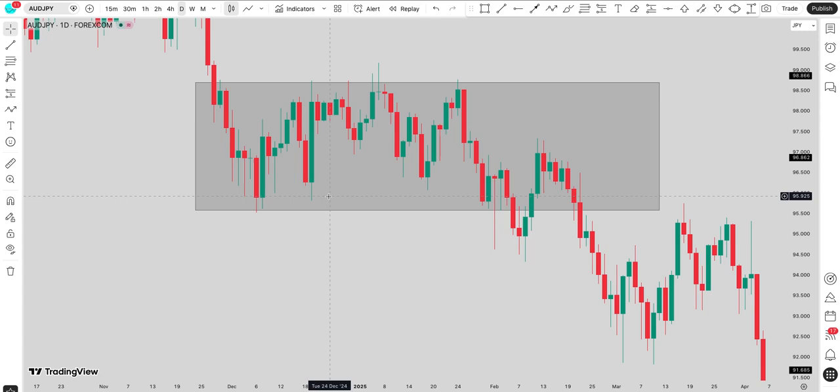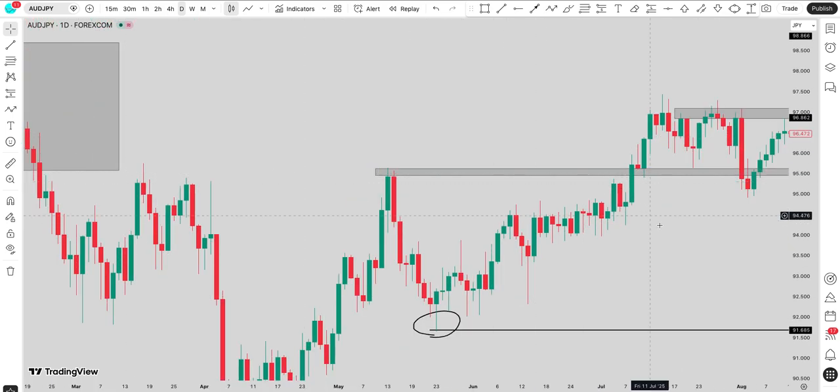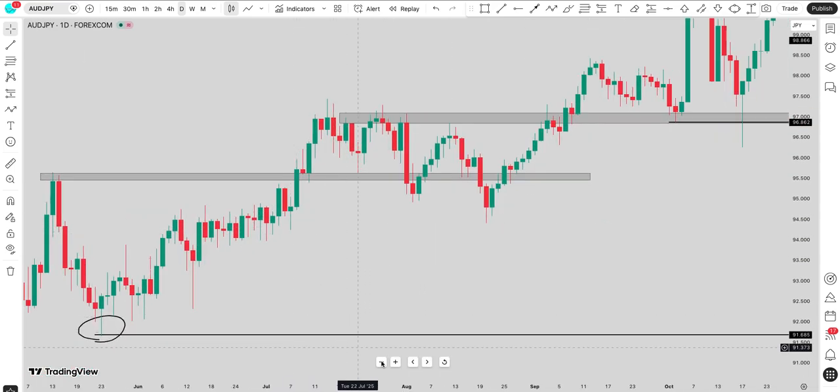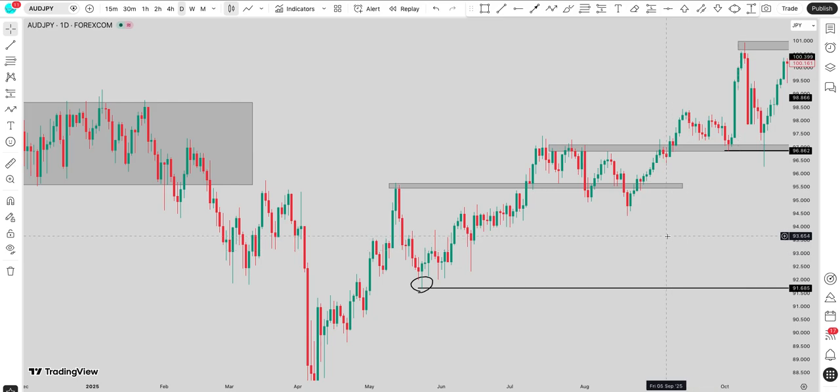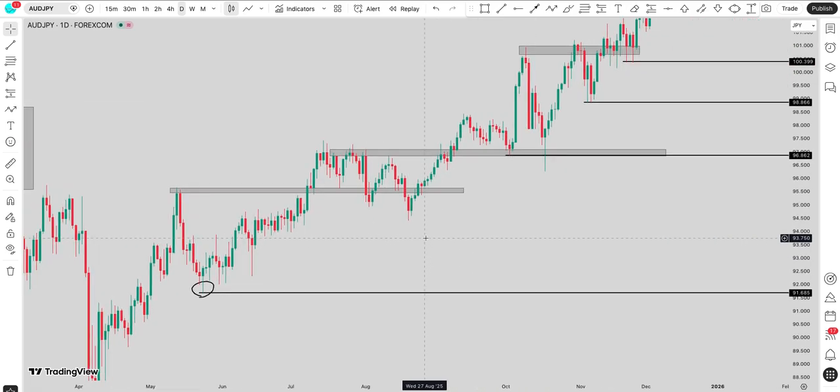So whenever you open your chart, the first question you should be asking yourself is: is price making a series of higher highs and higher lows, or lower lows and lower highs? The answer to the question will help you understand the current market situation.